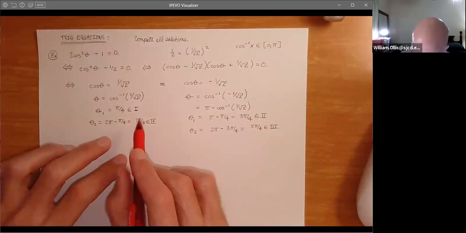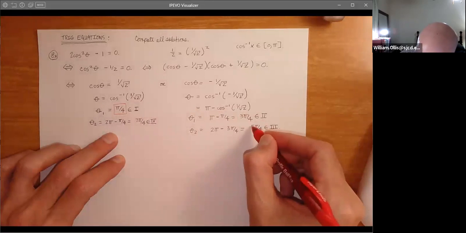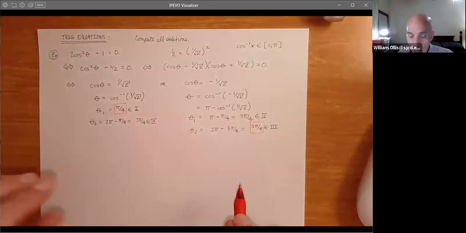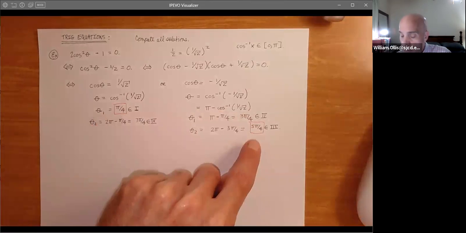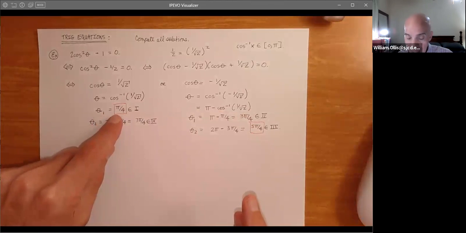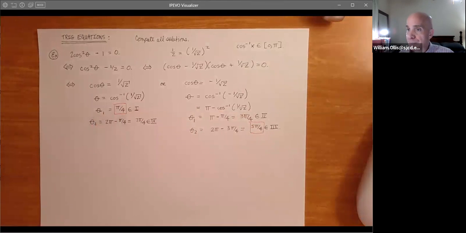Well, notice here, the pi over 4 and the 5 pi over 4 differ by pi. So I could add pi to pi over 4 to get that one. And so if I add multiples of pi k to this, I get both of these solutions and all the infinitely many. That's a consolidation process.